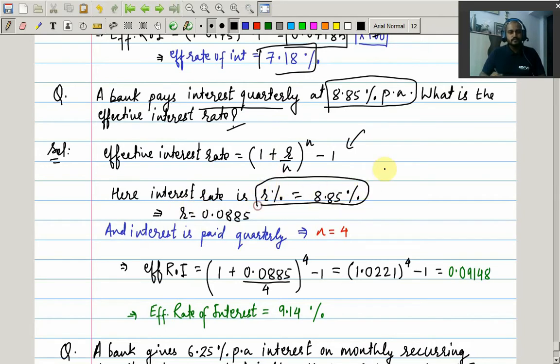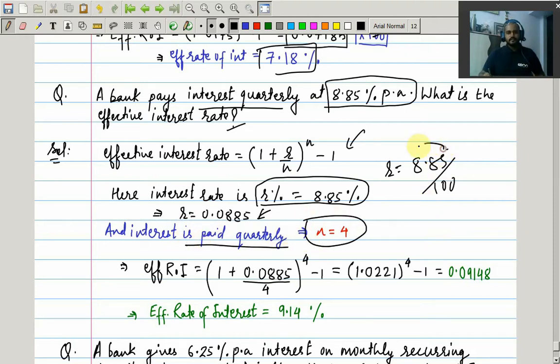So r will be 8.85 divided by 100, which is this value. And interest is paid quarterly, so n is 4. I need to divide this rate of interest by 4 also, so I have done that here. Divide it by 4, take its 4th power, and you will get this.